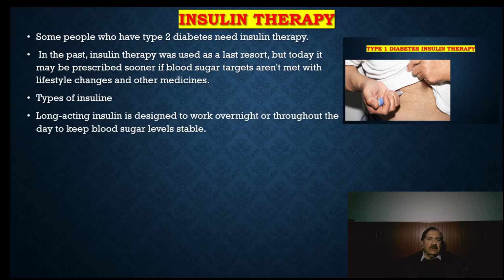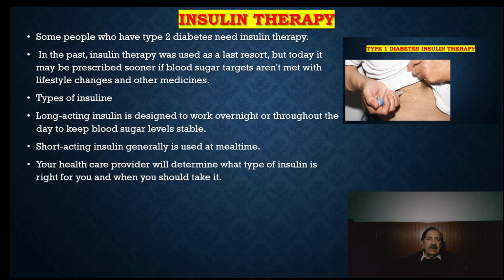Types of insulin. Long-acting insulin is designed to work overnight or throughout the day to keep blood sugar levels stable. Short-acting insulin generally is used at mealtime. Your healthcare provider will determine what type of insulin is right for you and when you should take it.